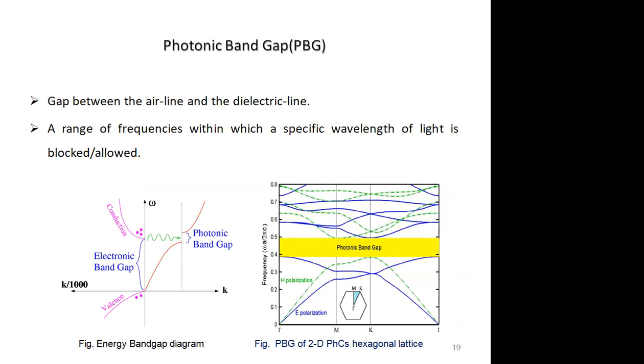The meaning of photonic band gap is this: for the wavelengths, say from 0.4 to 0.5, we design a photonic crystal in such a way that only the wavelength falling under that is allowed to propagate. Outside that is blocked.